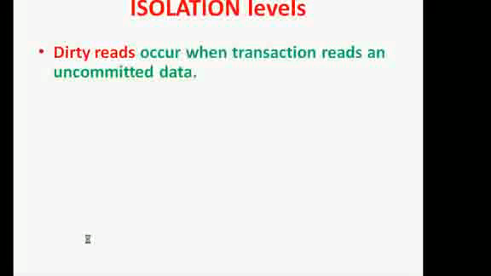The possibilities from the isolation declarations are dirty reads, which are possible when a transaction reads uncommitted data. When you don't set auto commit, or when you set some attributes, there is a possibility that other transactions might be able to read uncommitted data, which is always a problem. So dirty reads should always be avoided, as they are not healthy for the application or the users.